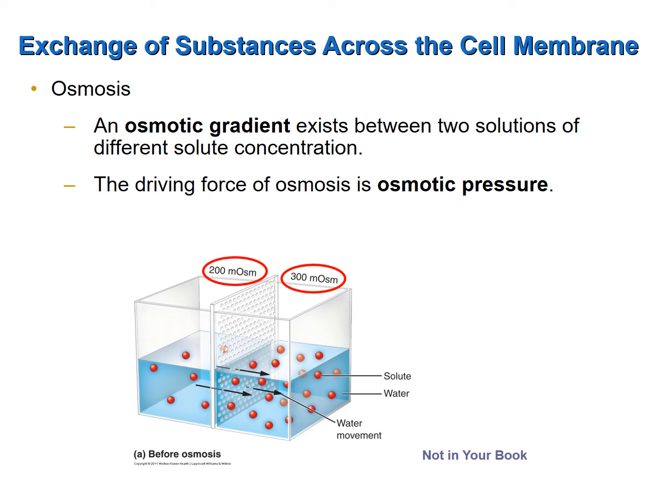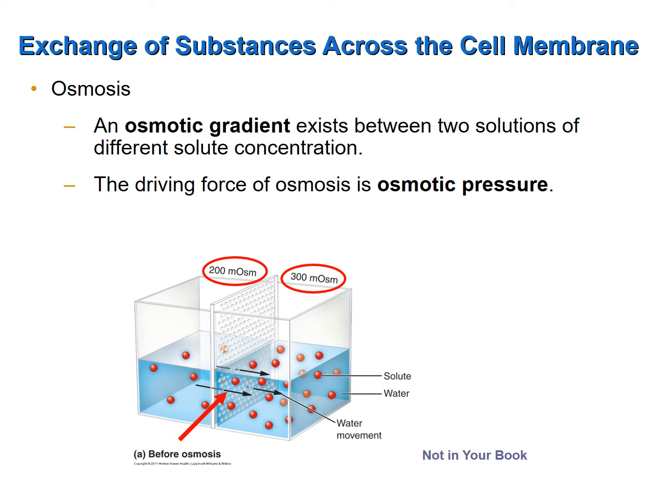Since the solute cannot diffuse down its concentration gradient, water moves to the solution with the higher solute concentration. This is osmosis. The force created as water moves by osmosis is osmotic pressure.